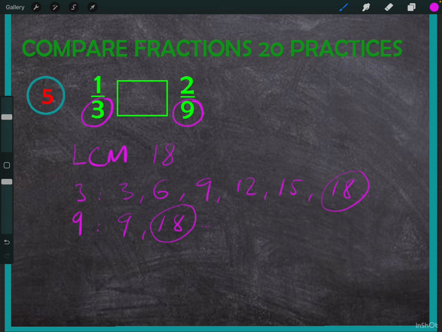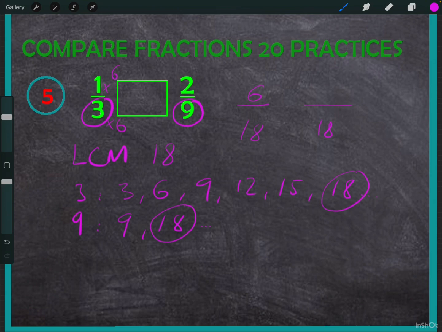From here, we will convert the two original fractions into two new fractions with 18 in the denominator. For the first fraction, we must multiply 3 by 6 to get 18, and we also multiply the numerator 1 by 6. So 6 over 18 is the equivalent fraction for 1 over 3.